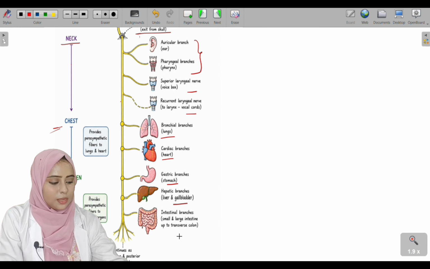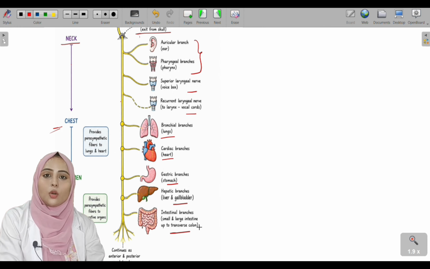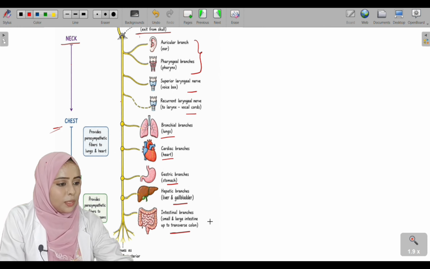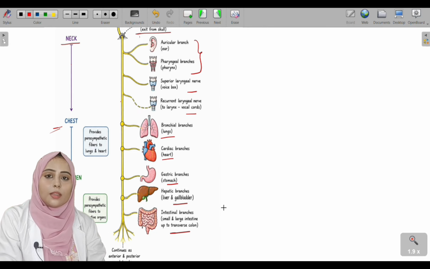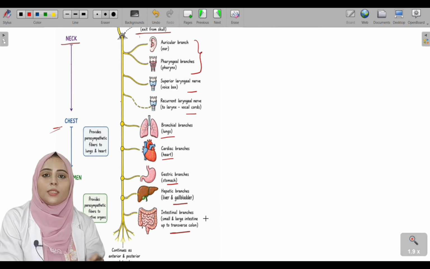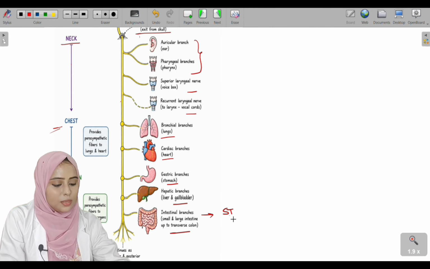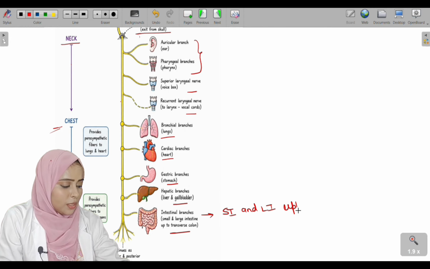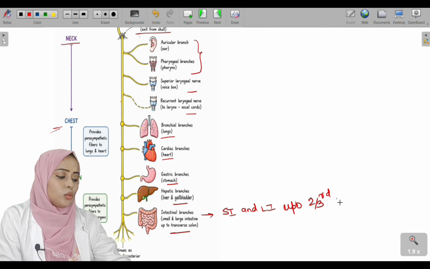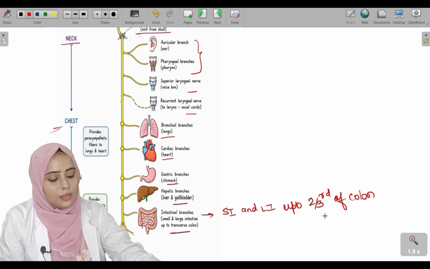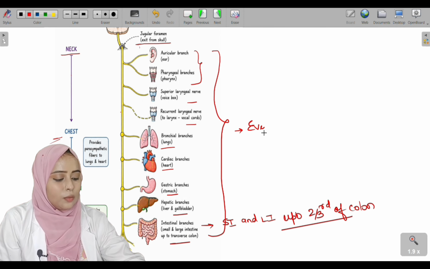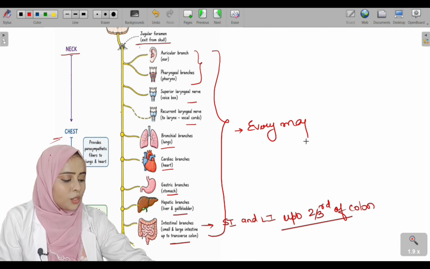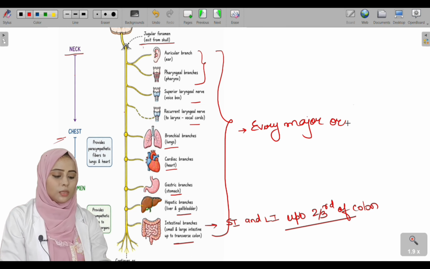The second is the hepatic branch to the liver and the gallbladder, and the third is the intestinal branch. In the intestinal branch, it gives a branch to the small intestine and large intestine up to the transverse colon, that is 2/3 of the colon. So this one nerve touches almost every major organ of your body. You can see in the diagram.